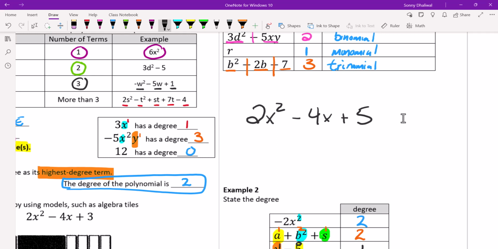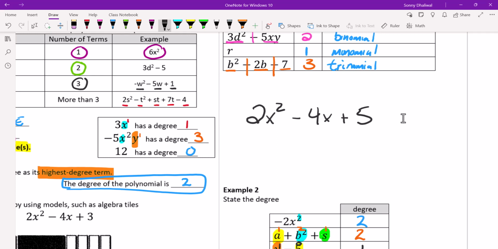What's a coefficient? Do you guys remember that one from way back in September? When we looked at exponents, we mentioned the word coefficient. Right? No? Nobody remembers? So coefficient was the number in front of your term.